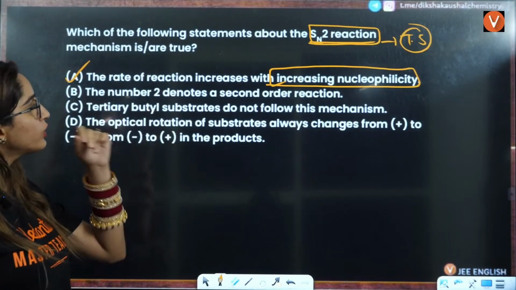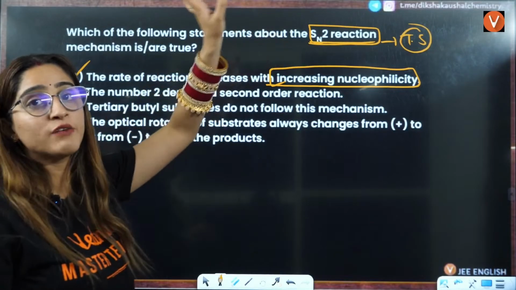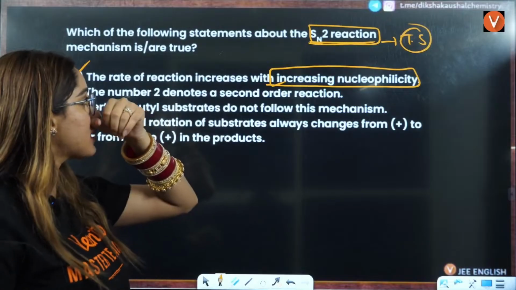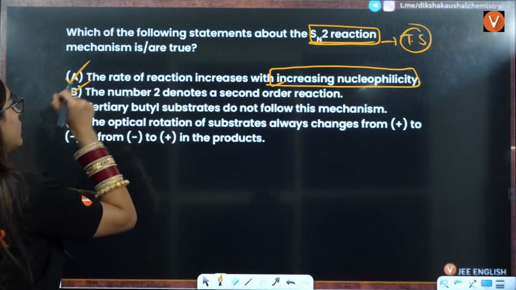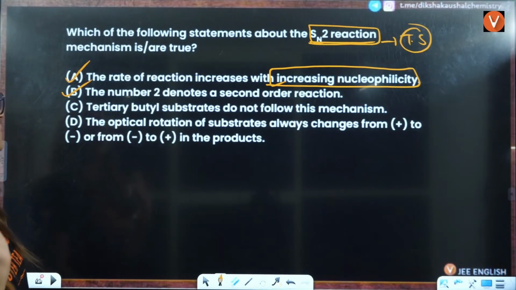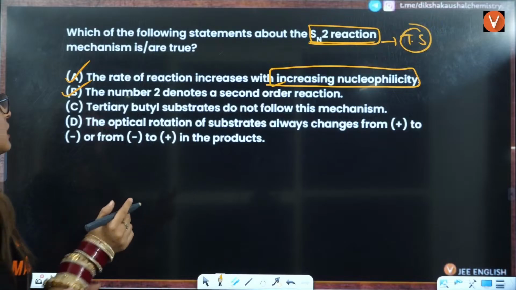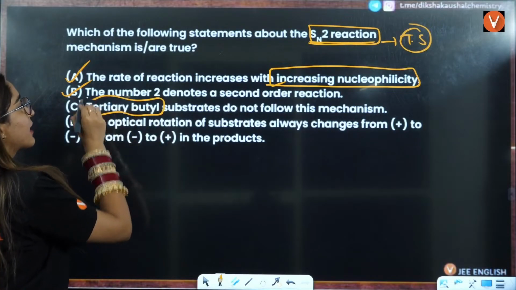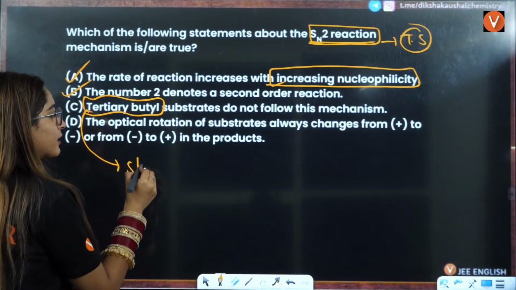The number 2 denotes a second order reaction. SN1 means first order. So this simply means that it is dependent on both the nucleophile and the substrate. That is also true, right? Next one is, tert butyl substrates do not follow this mechanism. Yes, tertiary butyl substrates, because of steric hindrance, will not follow this mechanism.